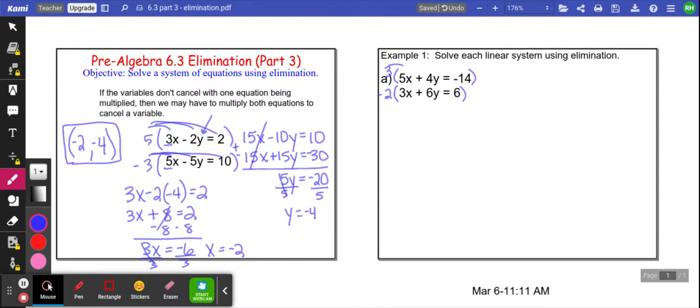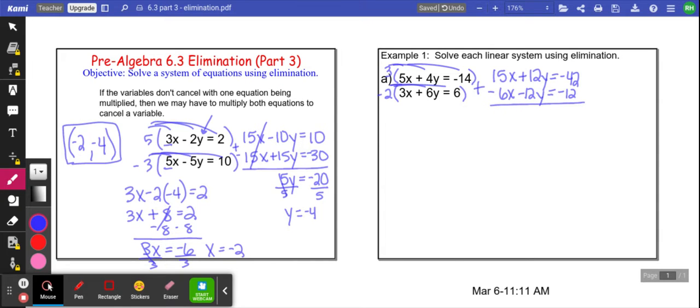Okay, so again, distribute all the way through and then all the way through here. Okay, I have 15x plus 12y equals negative 42. And on the bottom, I've got negative 6x minus 12y equals negative 12.